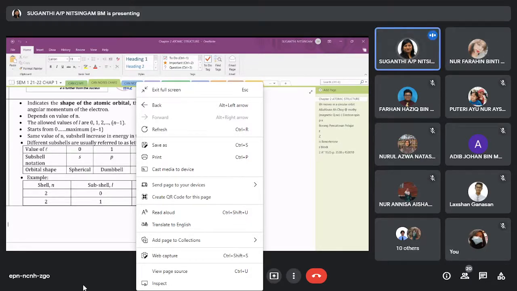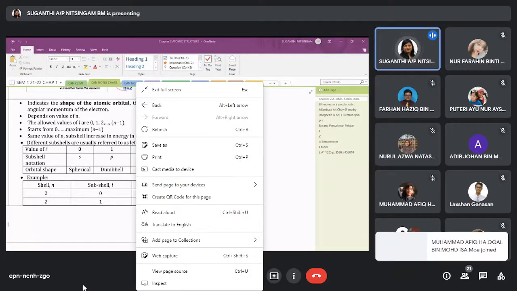S is the spin, the spinning motion of the electron, whether clockwise atau anti-clockwise. Macam mana elektron tu bergerak, sama ada clockwise atau anti-clockwise.